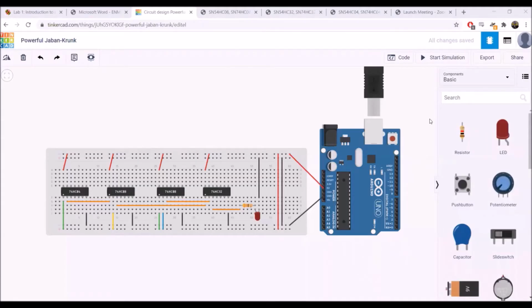So here is my 2-to-1 multiplexer circuit I created in Tinkercad using the breadboard and the series of gates and wires.